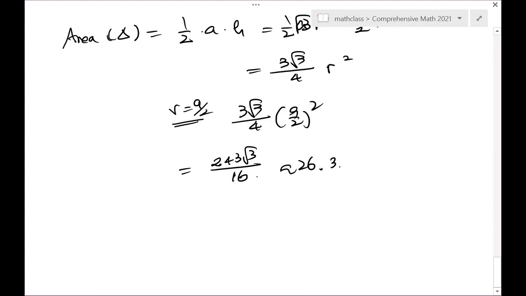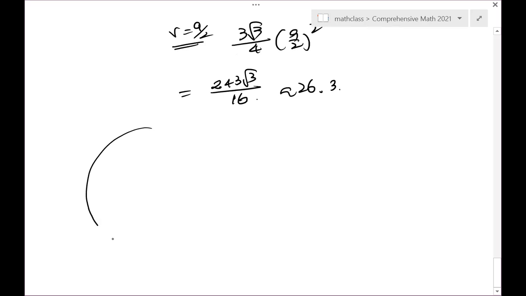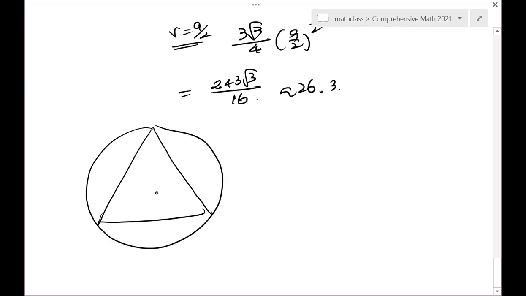This is about the equilateral triangle inside a circle, and you can find the relationship. A quick way to do this, I didn't spend too much time here.